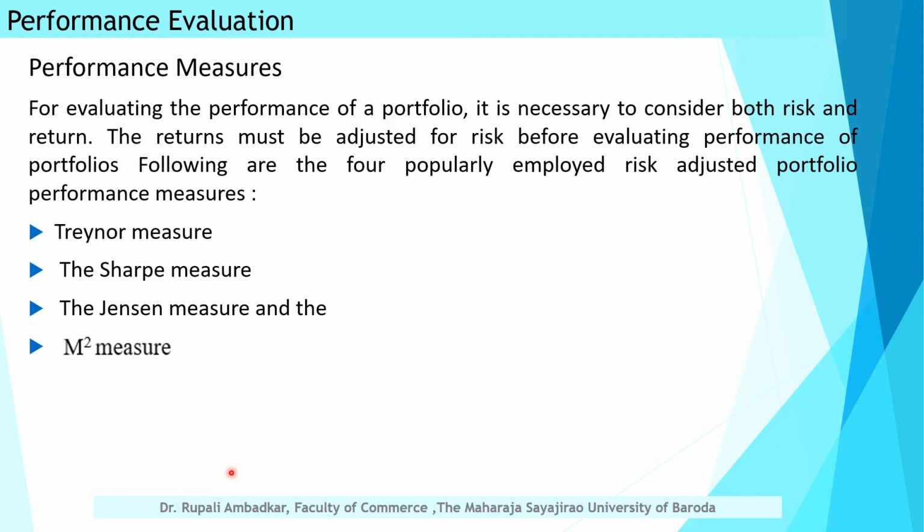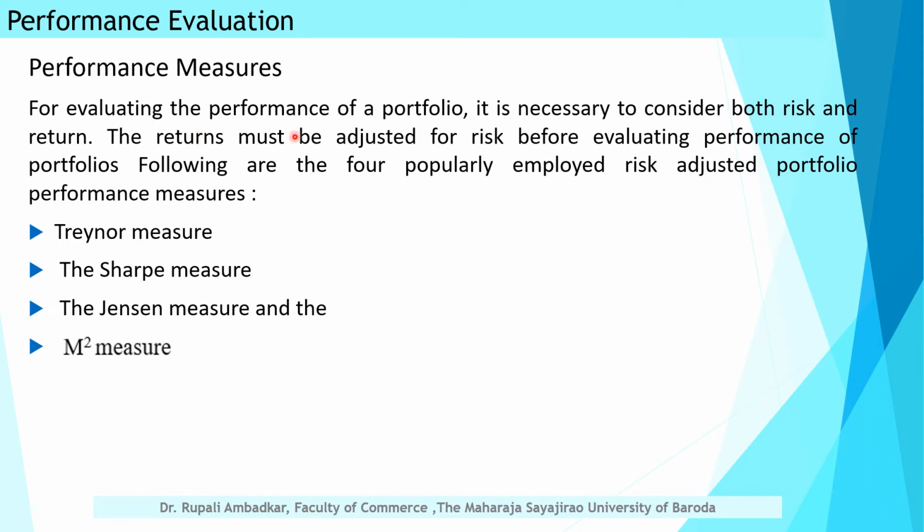So to evaluate the performance of a portfolio, we need some risk adjusted measures. We need to take care of the risk before evaluating the performance of two portfolios, and hence the performance measures which we are going to look at are all risk adjusted measures.